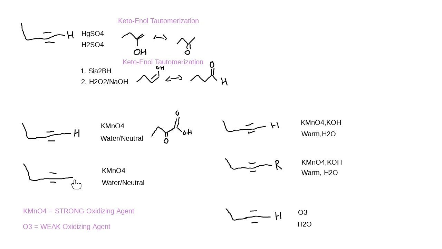Now, if we have a methyl instead of a hydrogen, obviously that cannot turn into a carboxylic acid, so it's going to stay as a ketone. Okay, and let me draw that real quick. So we essentially have 2 ketones.